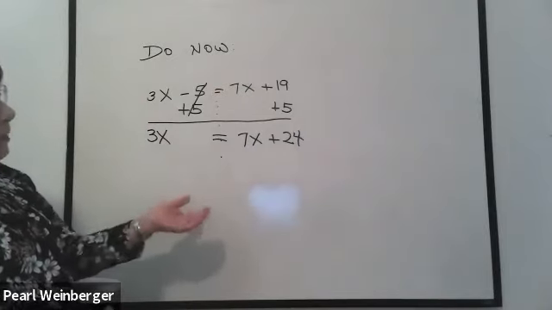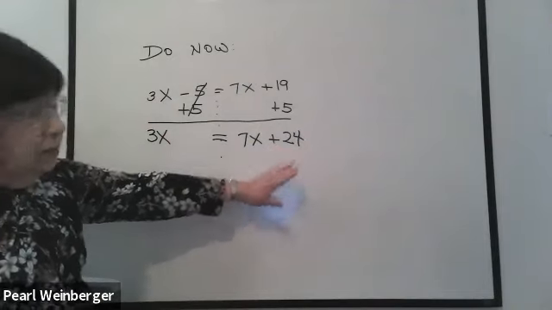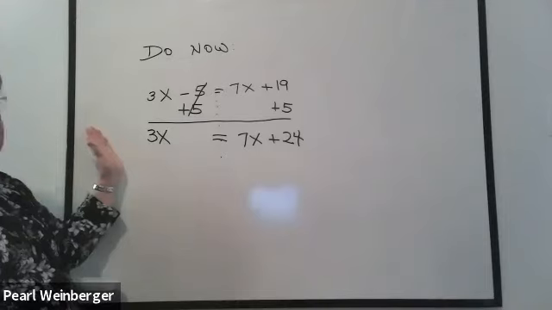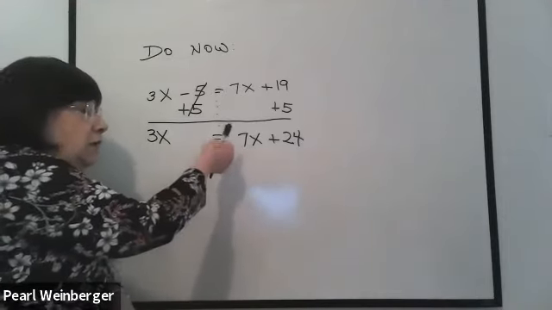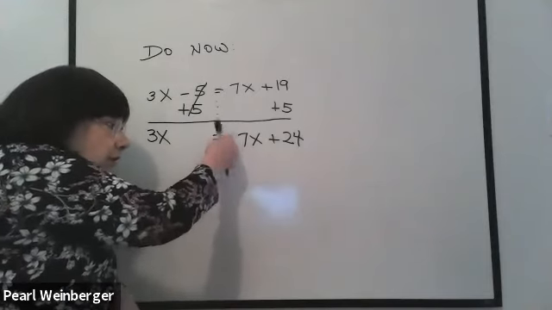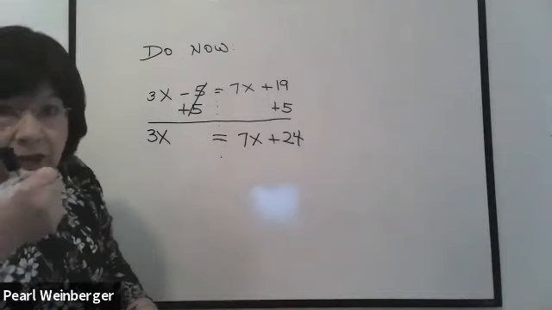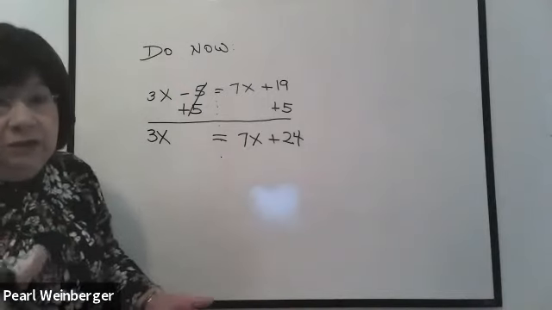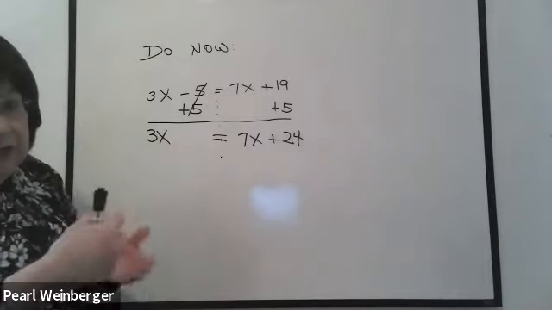My next step is then, since I have now all the numbers on the right side, let's get all the x's, all the variables, to the left side, which means I want to get rid of this 7x. Now it's understood when there's no sign in front of something, it's understood to be a plus. In other words, plus 2 and 2 mean the same thing. So 7x and plus 7x mean the same thing.